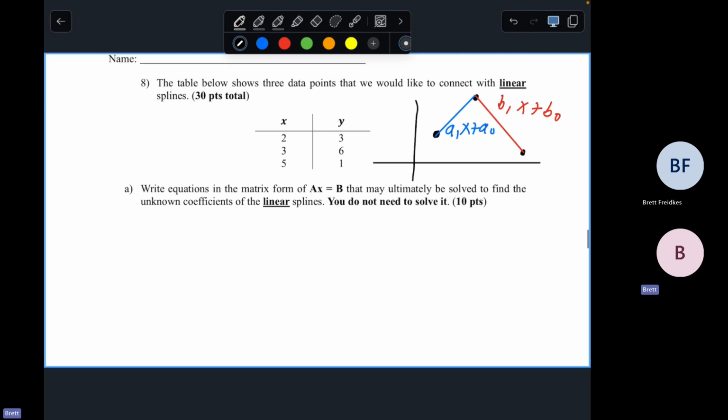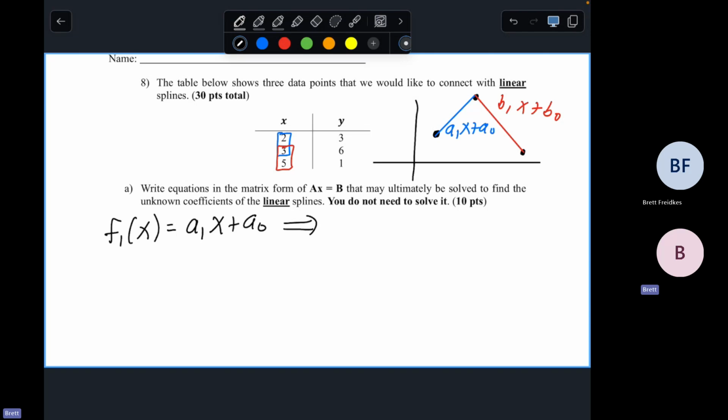And we know that these 2 points are on the first spline, and those 2 points are on the second spline. So if I say that f1 of x is a1x plus a naught, we can get 2 equations from this, right?